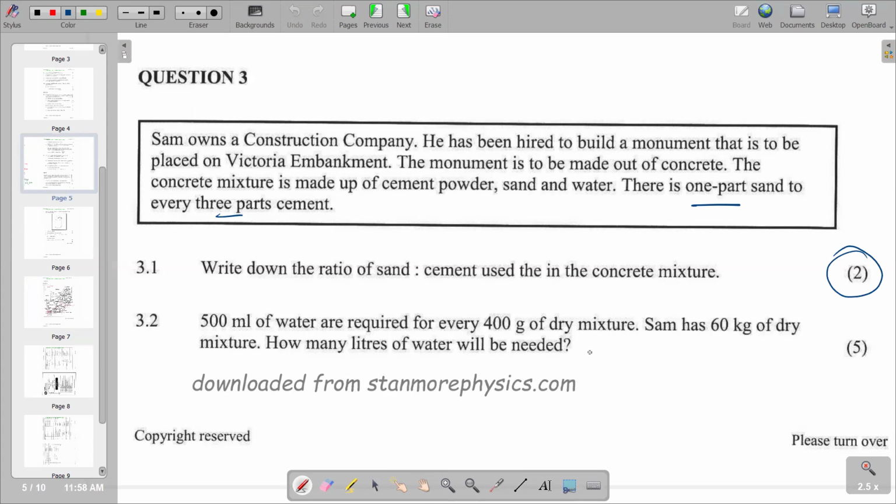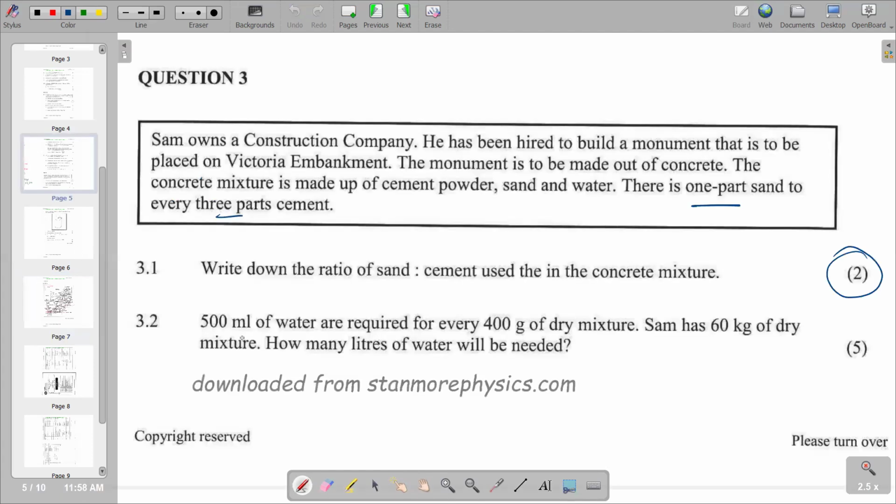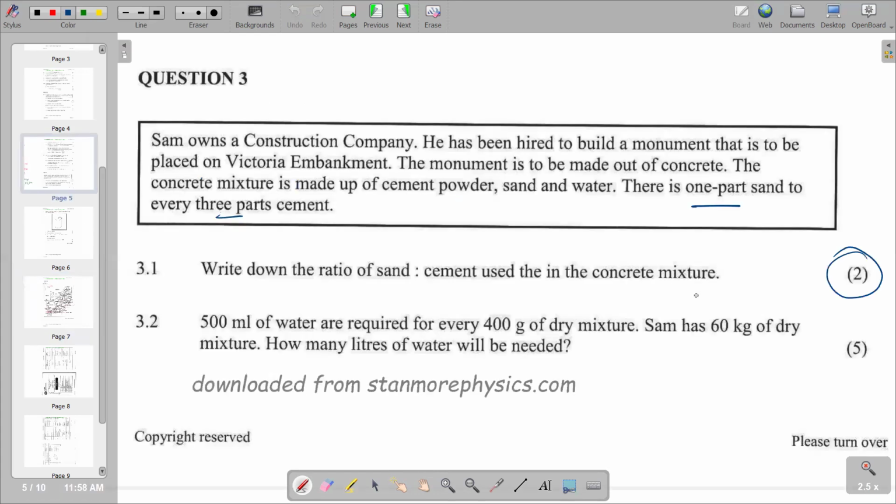So of course we need liters of water, but here we are given 400 grams equal to 500 milliliters. So we can start by making that equivalence on 3.2, whereby we are saying 400 grams is equal to 500 milliliters. So what about 60 kg?